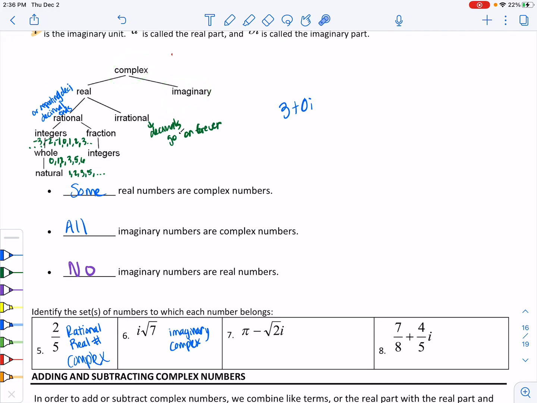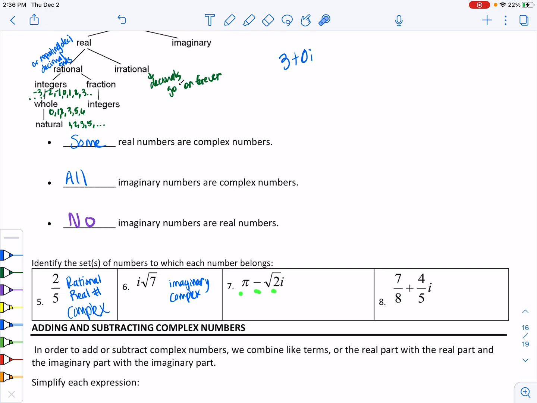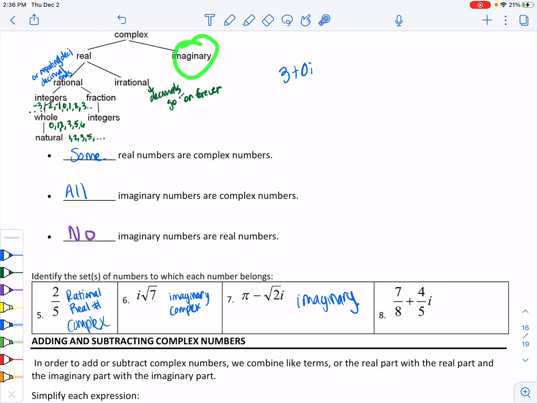Okay. So then we have pi minus root 2 i. We've got that i, which means that it's going to be imaginary. The root 2 is irrational, but the i makes it imaginary. So this is an imaginary number, which means if it's imaginary, it's also complex.